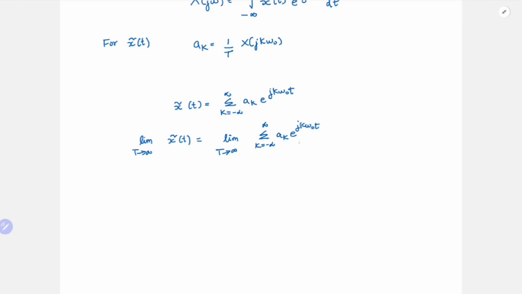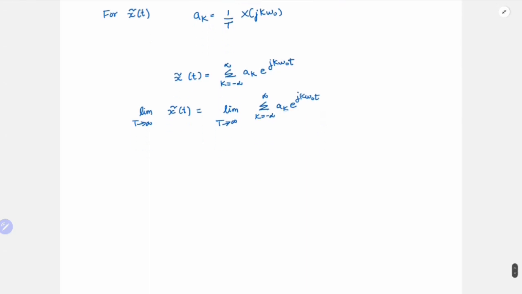So what is this right hand side telling? It is nothing but summing over the product of ak into e power jk omega naught t, right? Now let us try to represent ak in terms of x of jk omega naught. So it is nothing but the limit as T tends to infinity of the summation k equal to minus infinity to infinity, 1 by T x of jk omega naught e power jk omega naught t.